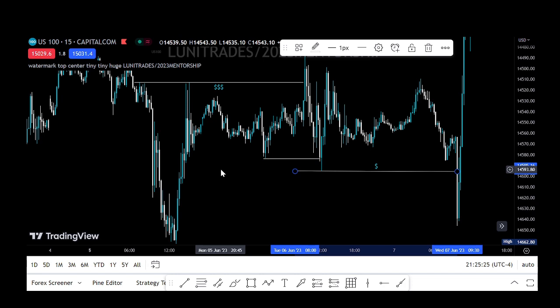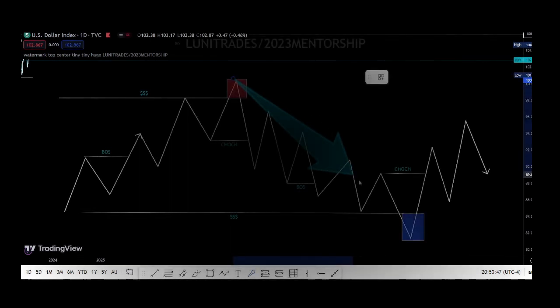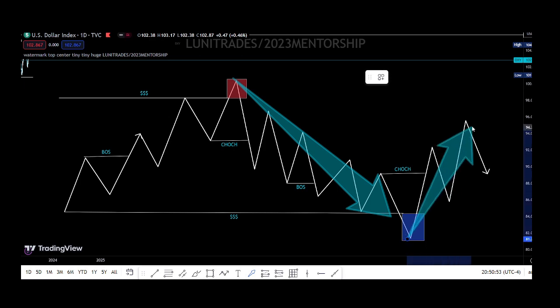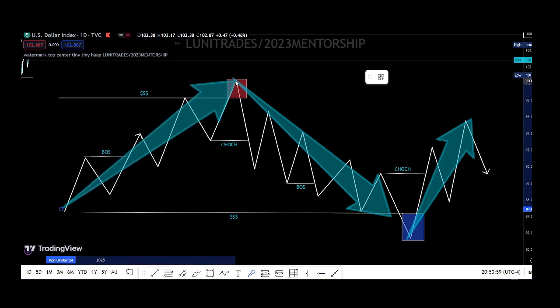You understand? And we have the downtrend. Let me use this arrow from here. Then again, markets continue going up from here. Uptrends from here. Right?